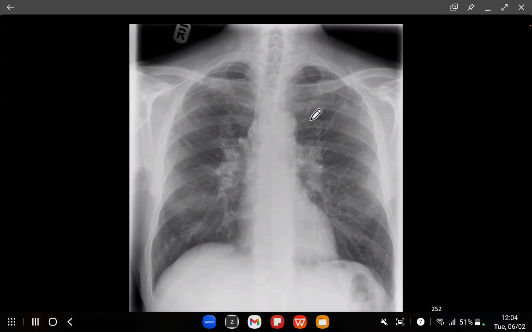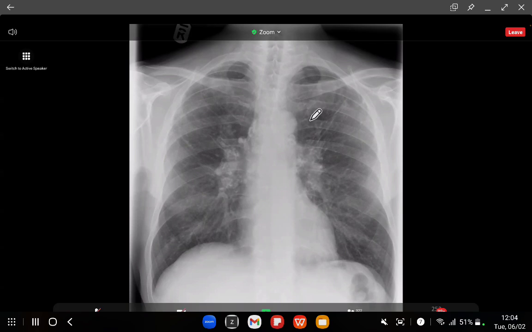The other causes are treated lymphoma, amyloidosis, and scleroderma. So most of the time it's going to be due to sarcoidosis, simply because sarcoidosis is much more common than silicosis. The other causes are much less common.